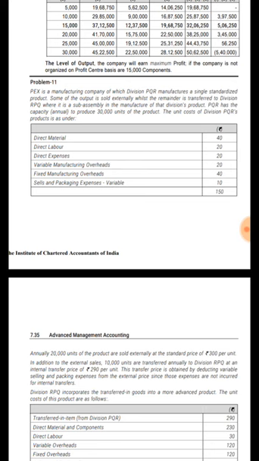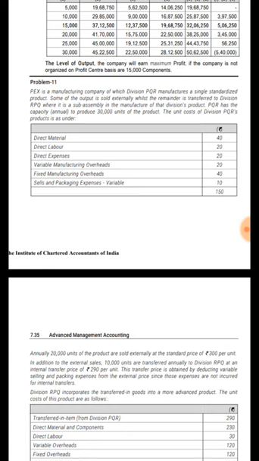The unit cost of division PQR's products is as under. Direct material is rupees 40, direct labor rupees 20, direct expenses rupees 20, variable manufacturing overheads rupees 20, fixed manufacturing overhead rupees 40.